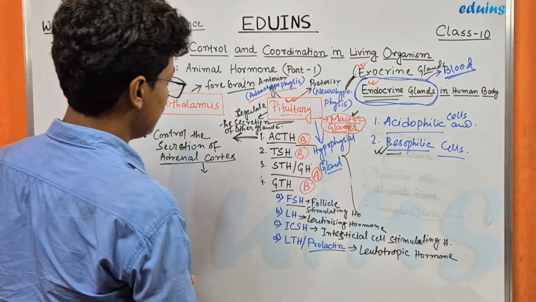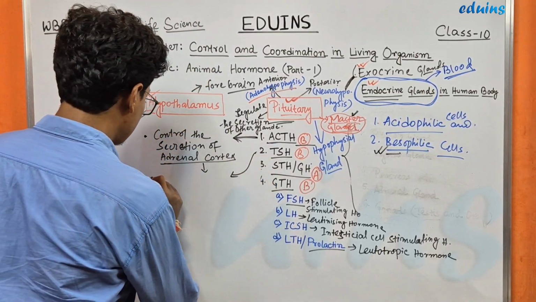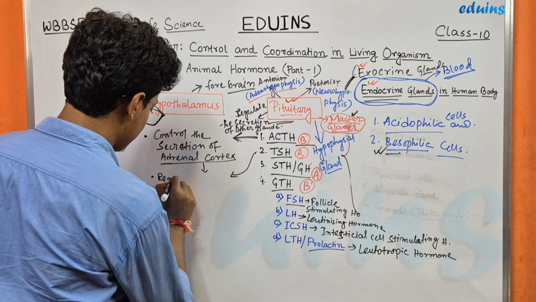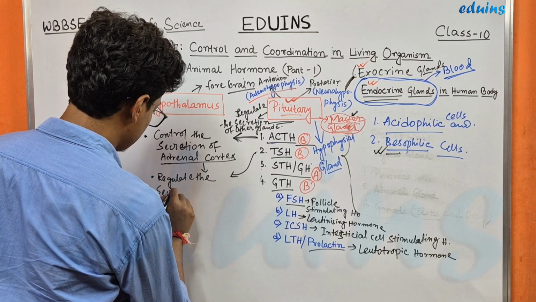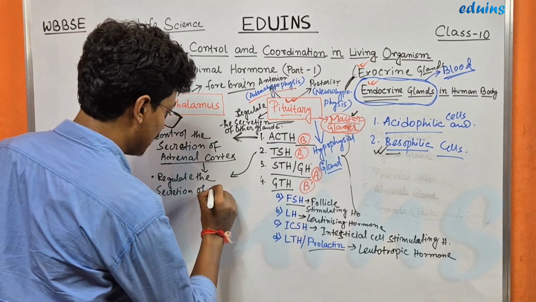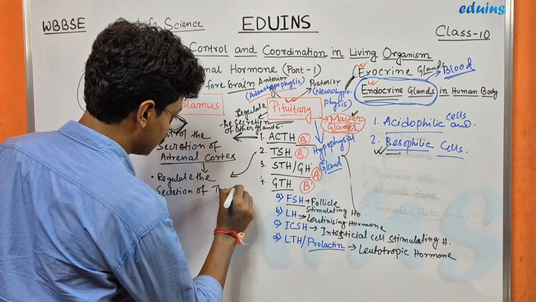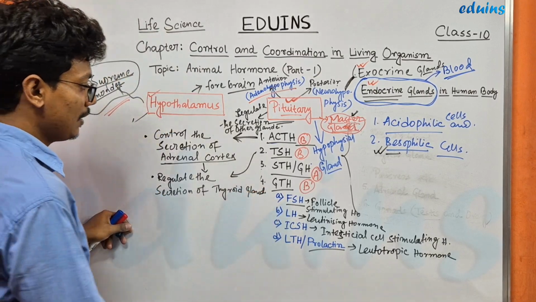So next one is the TSH, thyroid stimulating hormone, which regulates the secretion of the thyroid gland. Okay.